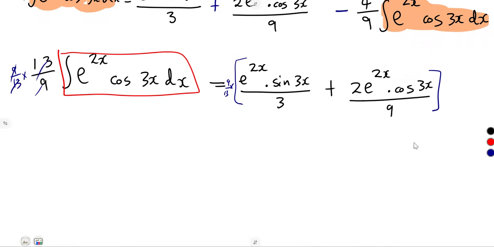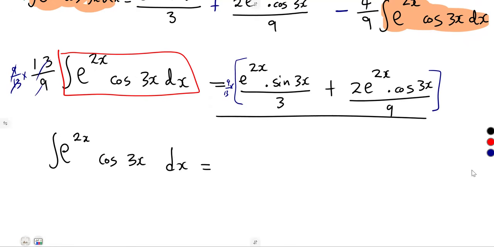So that's it. We are left with the integral of exactly what we were given in our question. This is exactly what we are given in our question, so it tells us that this will be our answer. So let's multiply 9 over 13 times this.